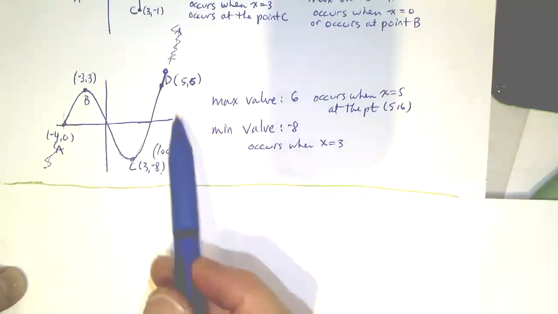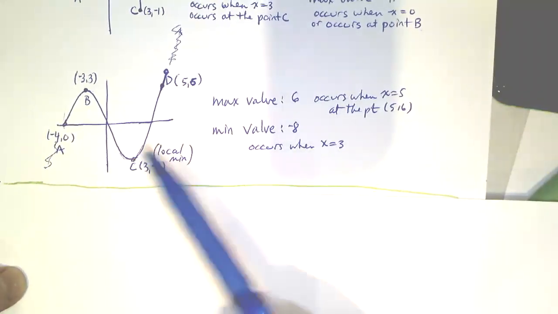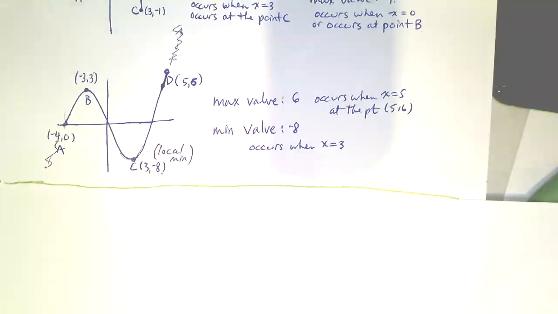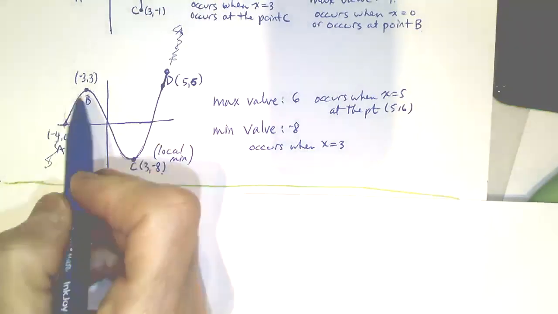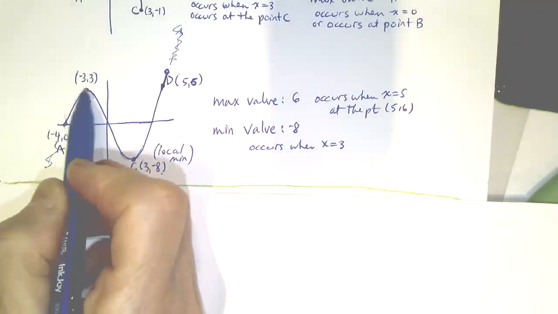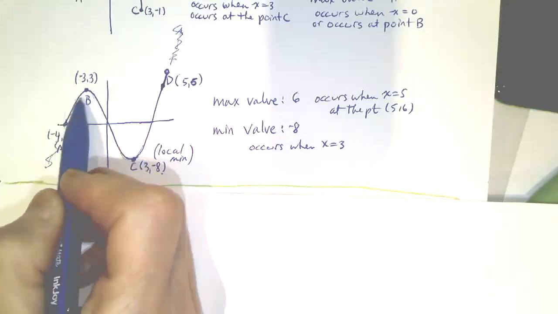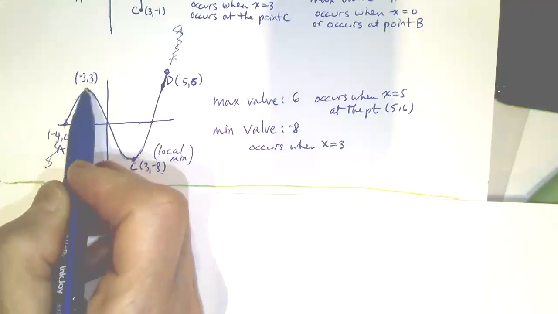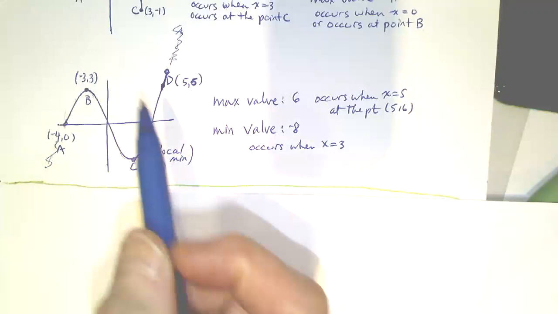As it turns out in this function, the local minimum point actually is the point that coincides with the absolute minimum on the function. You notice the point B is called a local maximum, meaning in the neighborhood of B, when y is 3, it is the highest value.